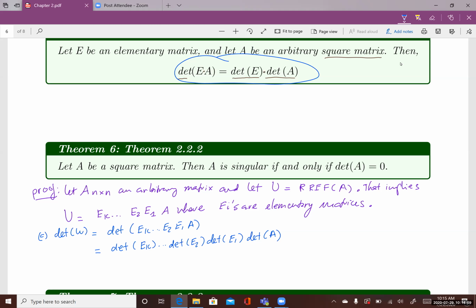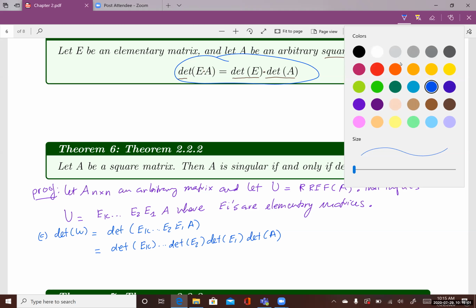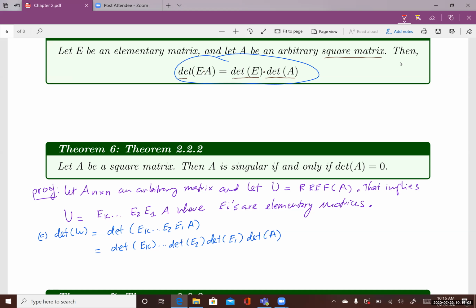Okay, so then you can analyze it this way.